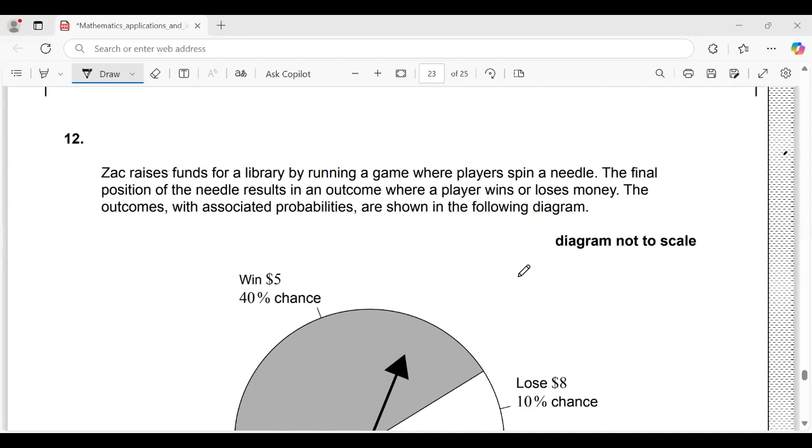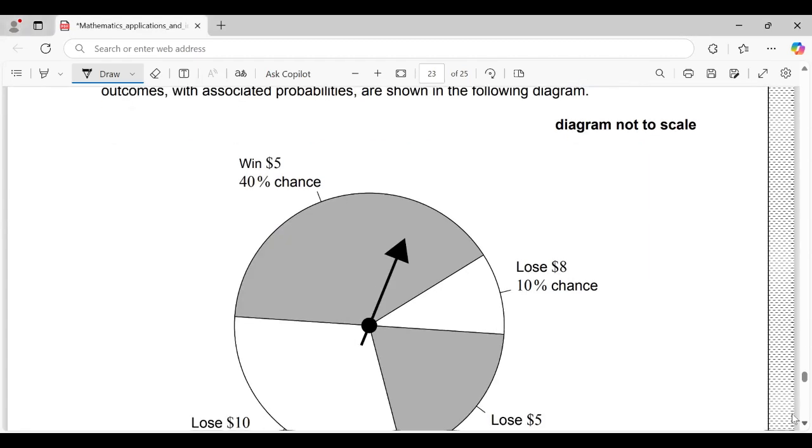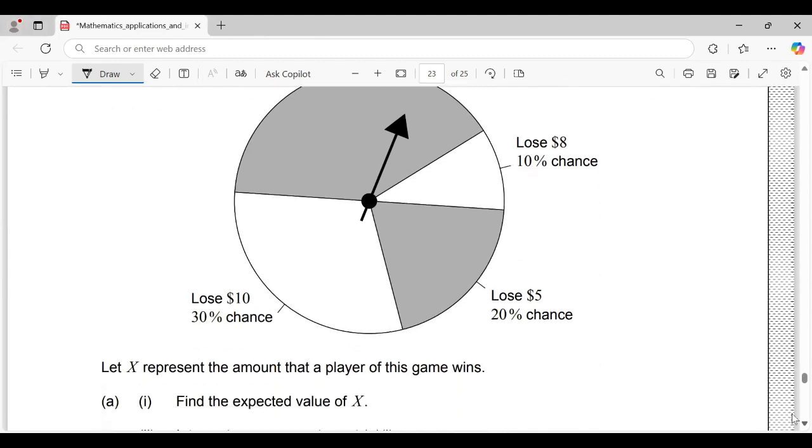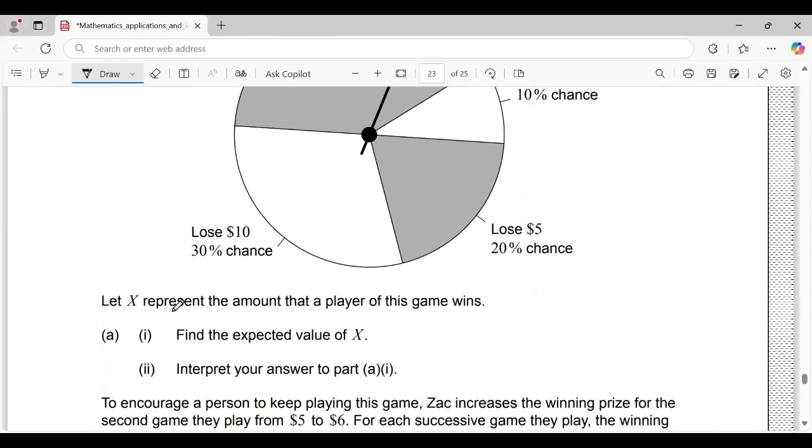Jack raises funds for a library by running a game where players spin a needle. The final positions of the needle result in an outcome where a player wins or loses money. The outcomes with associated probabilities are shown in this diagram. Let X represent the amount that a player of this game wins.